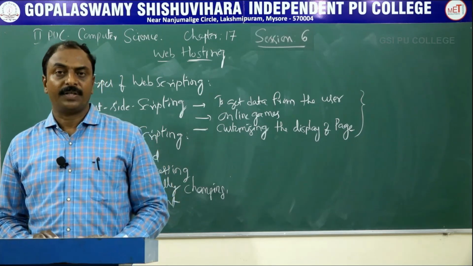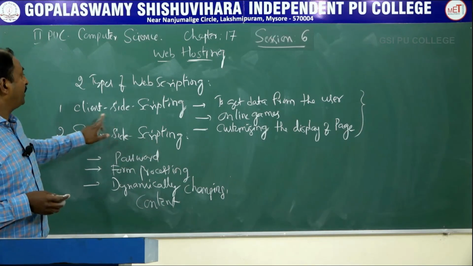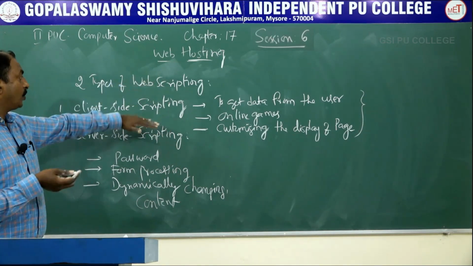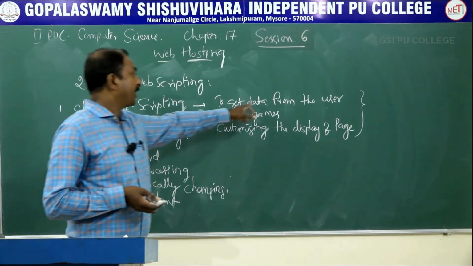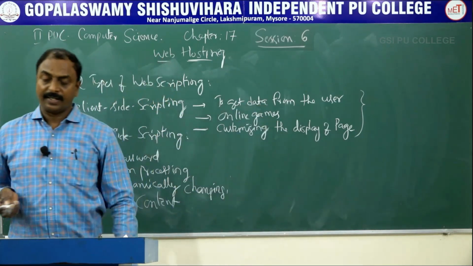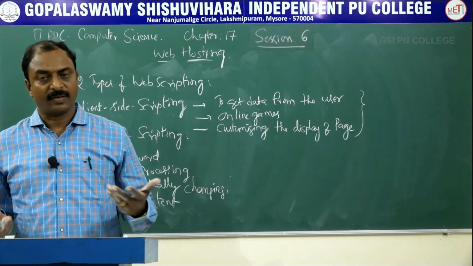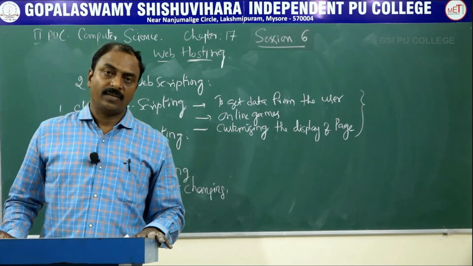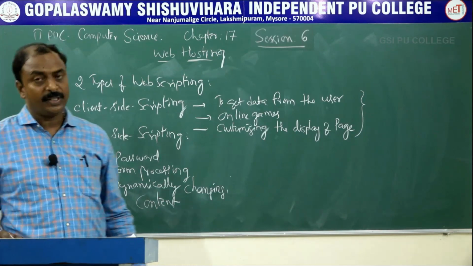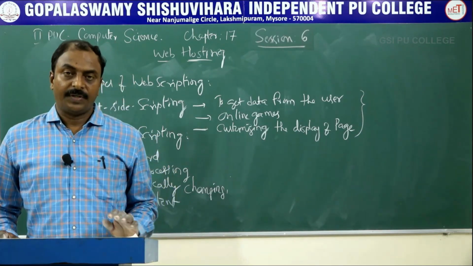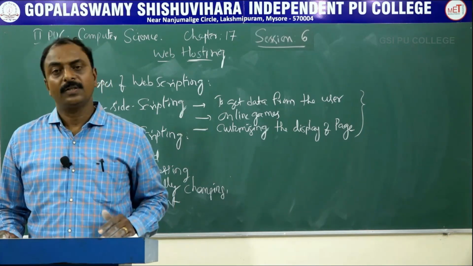There are two levels of activities: server side scripting and client side scripting. Client side activity is at the web browser level and doesn't have any impact on server applications. In server side scripting, all activities are taken care of by the server level. A very good example is your password.